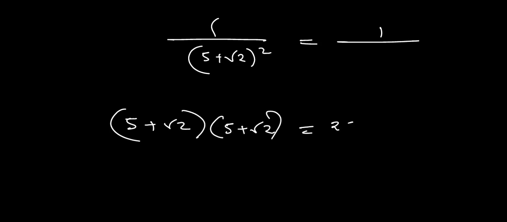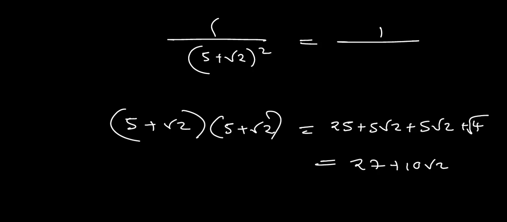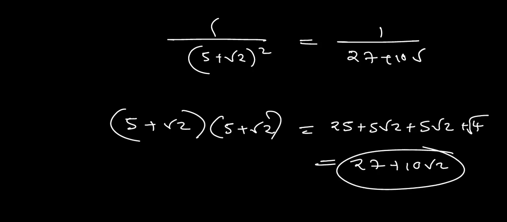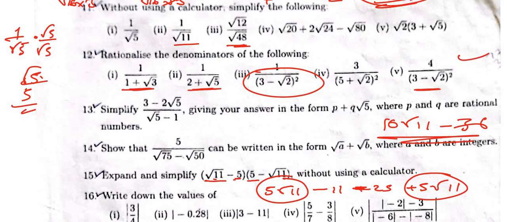This will be 25, 5 root 2. Then this is going to be 27 plus 10 root 2. Once you get this answer, 27 plus 10 root 2, this is now when you rationalize. So this is what you do for this one. It's okay, right?